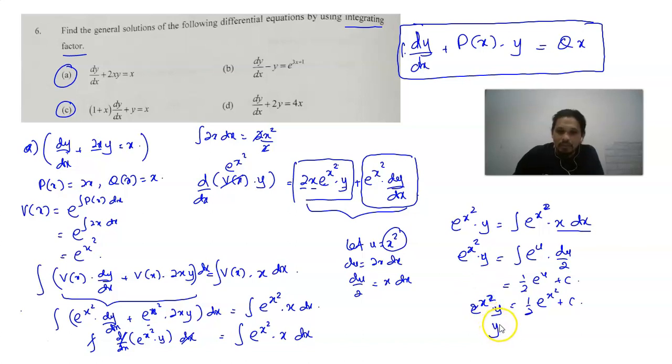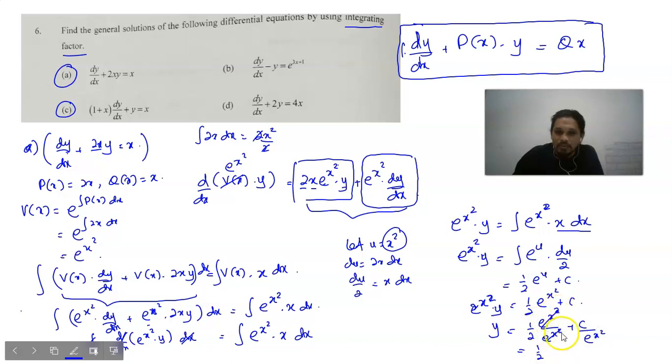So we want the equation in the form of y equals f(x). So divide by e^(x squared): y equals 1 over 2 e^(x squared) divided by e^(x squared), we divide left and right, plus c divided by e^(x squared). Clear these two, and it equals 1 over 2.